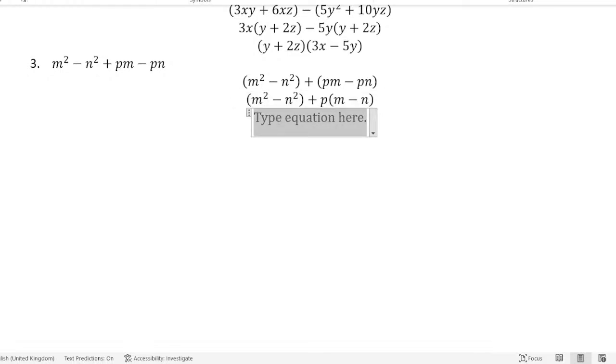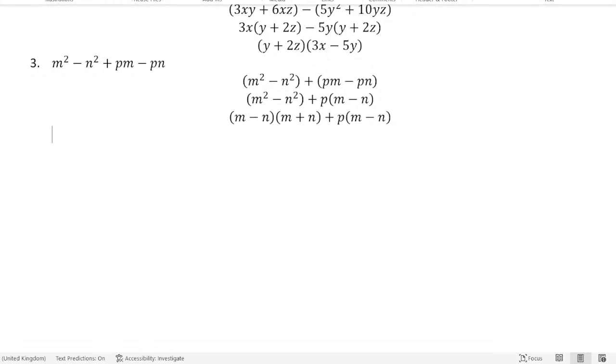So here we'll have m minus n into m plus n, right? And then plus p into m minus n.